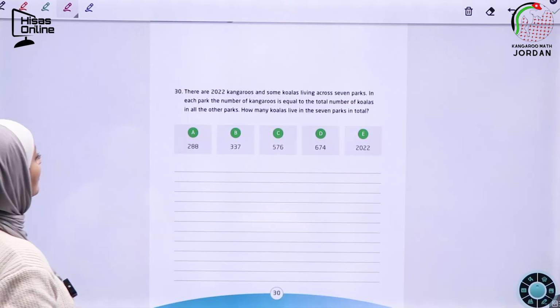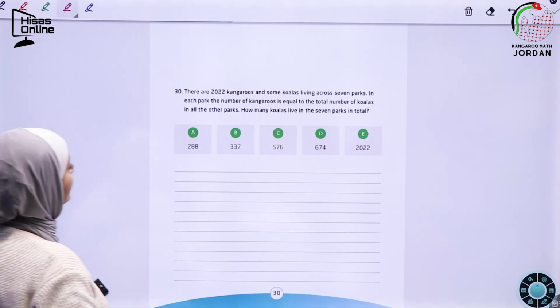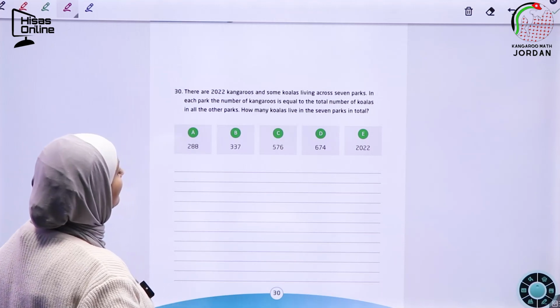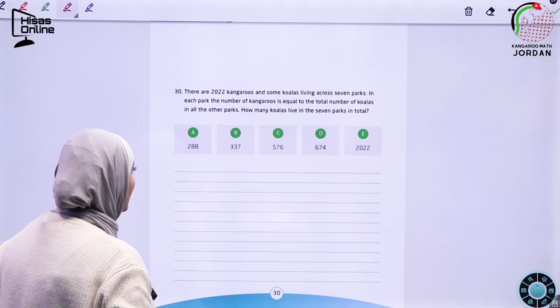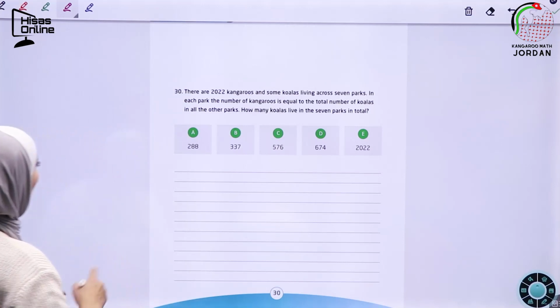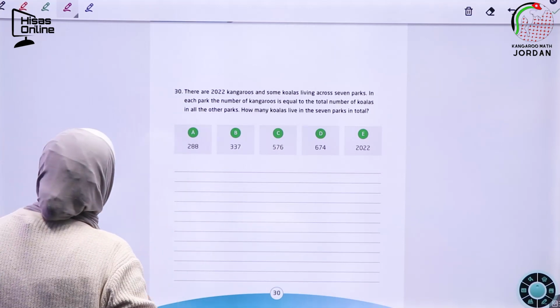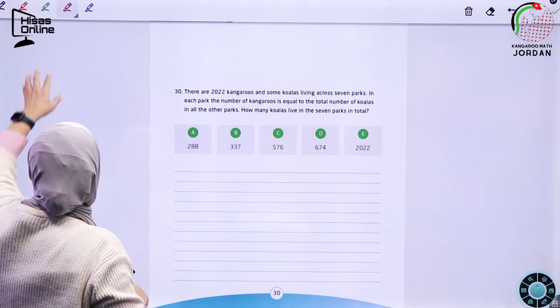Okay, there are 2,022 kangaroos and some koalas living across 7 parks. In each park, the number of kangaroos is equal to the total number of koalas in all other parks. Okay, how many koalas live in the 7 parks in total?